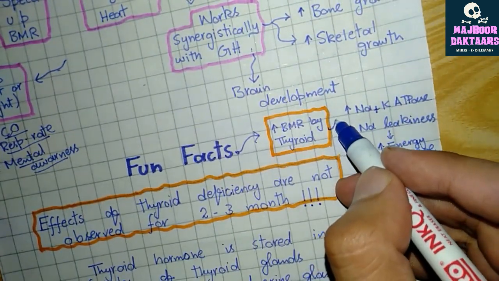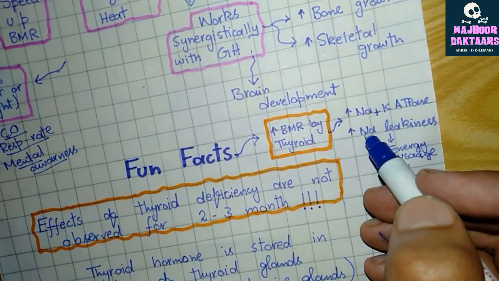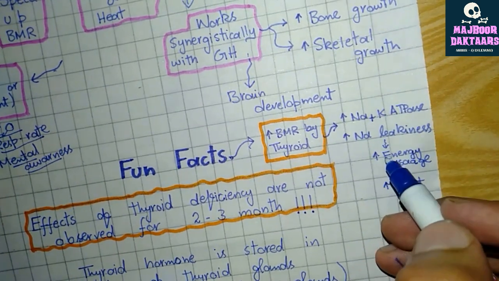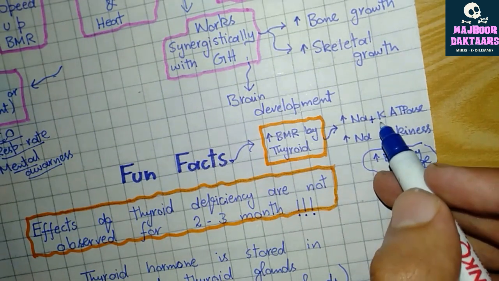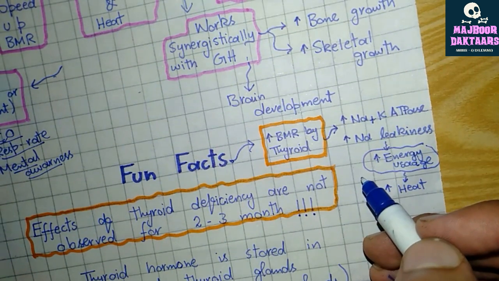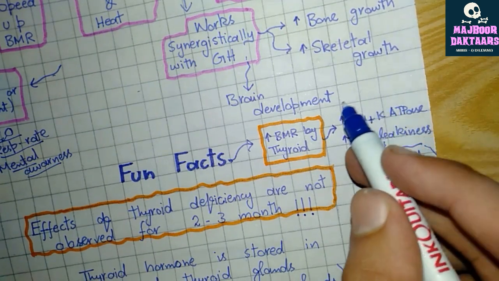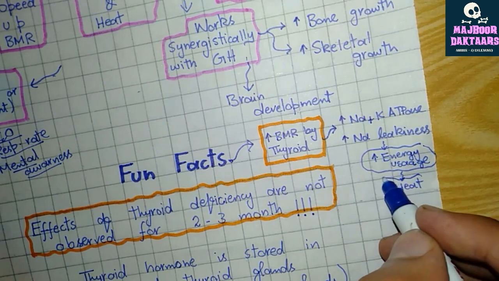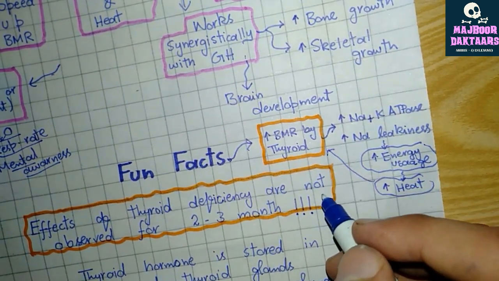One reason is that the thyroid hormone causes increased activity of sodium potassium ATPase and increased leakiness of sodium, which causes increased energy usage by the cell for taking the sodium back inside the cell, and energy utilized by the sodium potassium ATPase. All these factors cause an increase in heat production, which ultimately increases the basal metabolic rate.